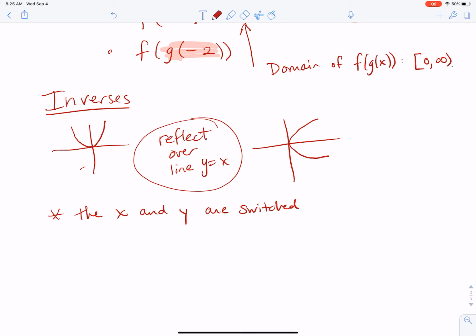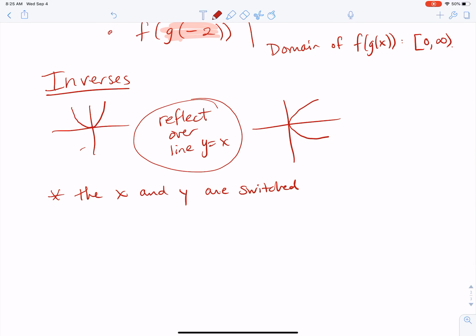And again, we discussed this in Math 3. So if you want to find an inverse algebraically, you're going to switch x and y. If you're finding it graphically, you're still going to do the same thing. You're going to switch x and y. So you can work on either of those in class. I'll go over an algebraic one here and discuss some of these ideas.